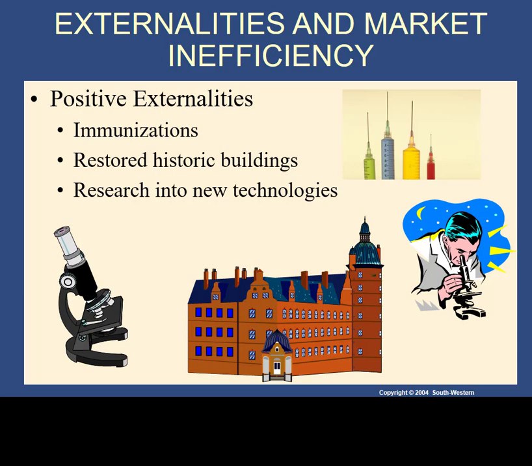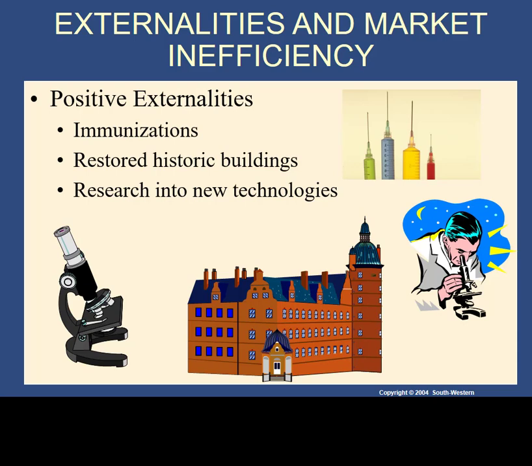And research into new technologies. So generally, primary discoveries are made in universities, and then they're put to work in the private sector. For example, if you think about primary research that was done into the space race, going to the moon and those sorts of things, there are lots of goods and services that we have today that we wouldn't have if it wasn't for the discoveries that were done for the space race.